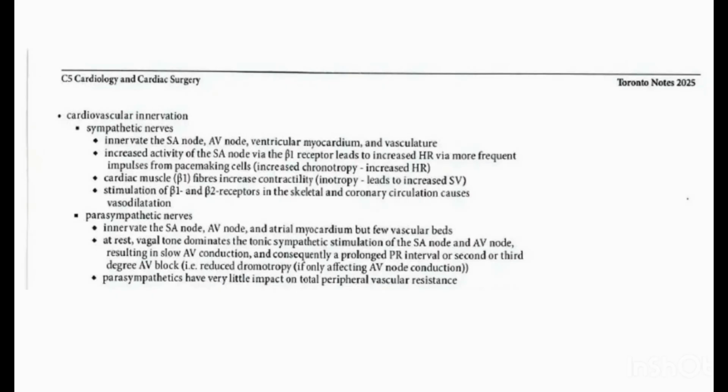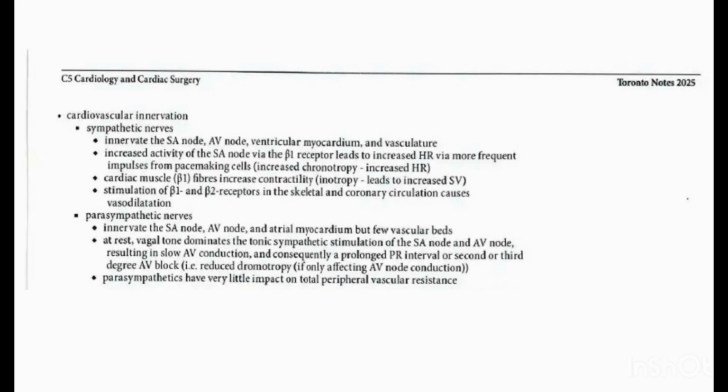Now let's contrast that with the parasympathetic nerve. These fibers innervate the SA node, the AV node, and atrial myocardium, but notably, they supply very few vascular beds. When we are at rest, vagal tone heavily dominates over the tonic sympathetic stimulation of both the SA and AV nodes.